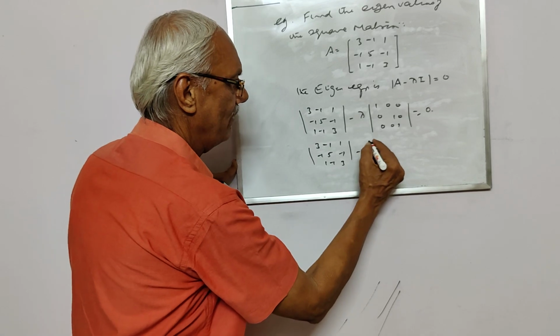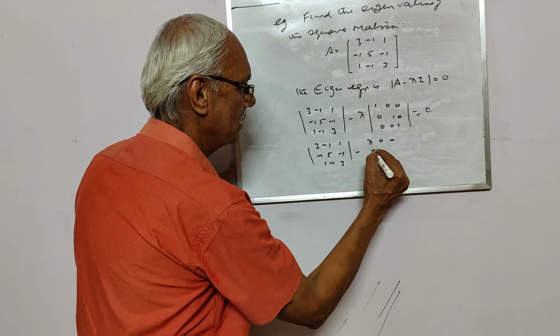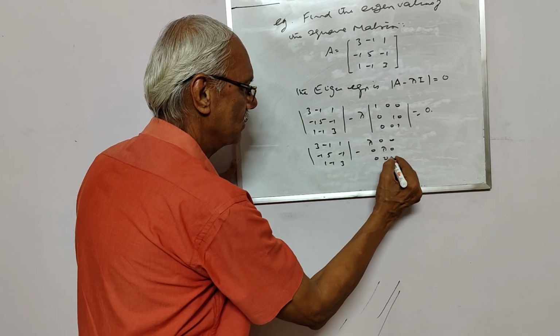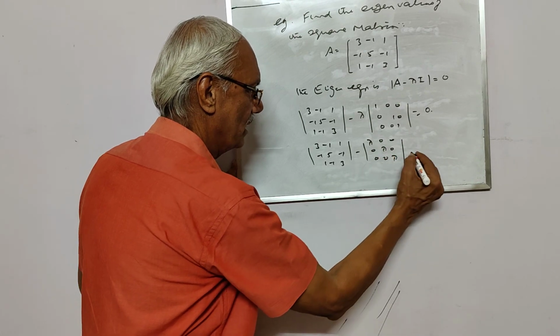Now what is it? You'll have lambda 0 0, 0 lambda 0, 0 0 lambda. So this is what you get.